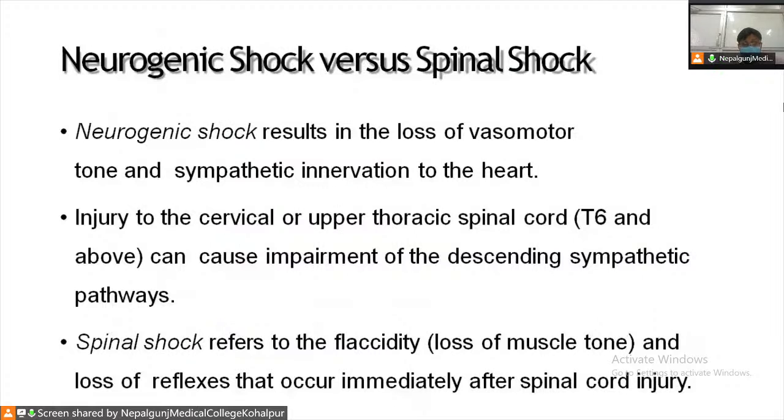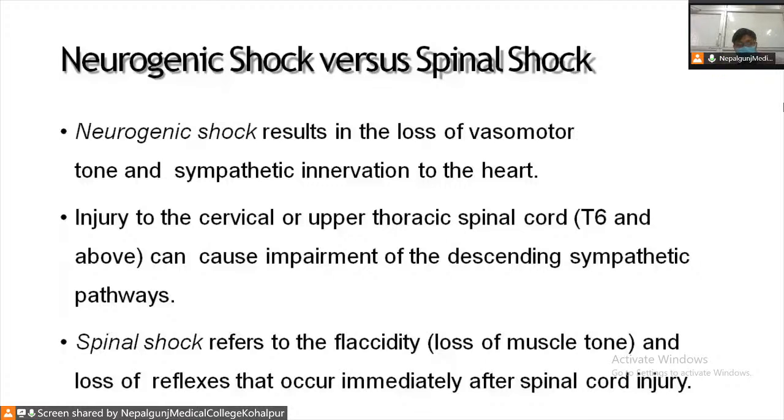Now, neurogenic shock versus spinal shock. Neurogenic shock results from loss of vasomotor tone and sympathetic innervation to the heart. Injury to the cervical and upper thoracic cord causes impairment of descending sympathetic tone. Spinal shock refers to flaccidity, loss of muscle tone and reflexes, usually resulting from spinal cord injury.